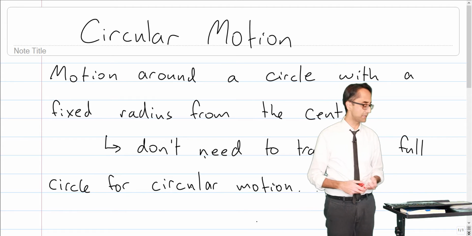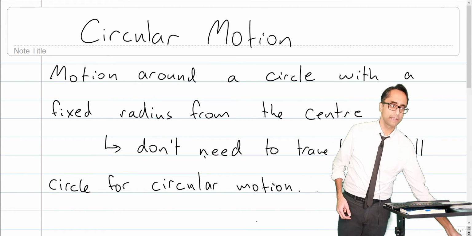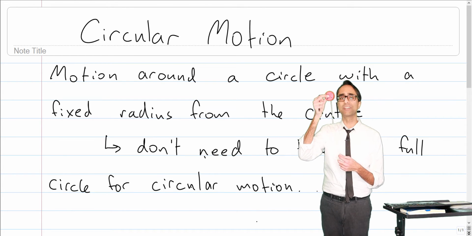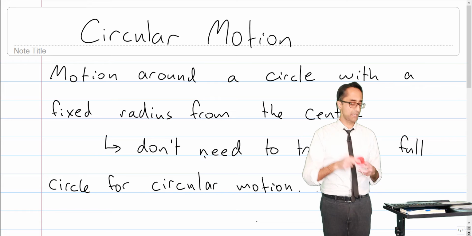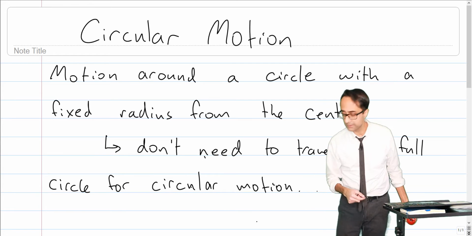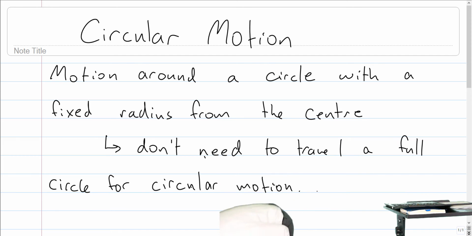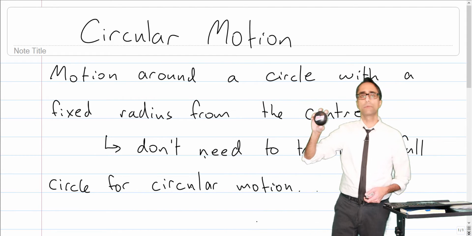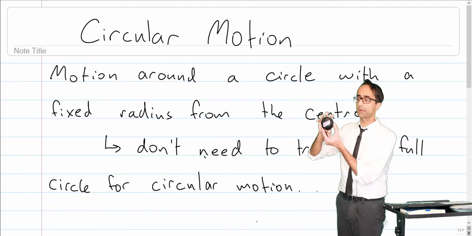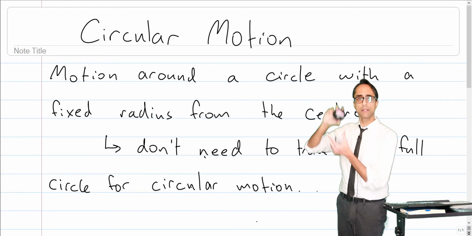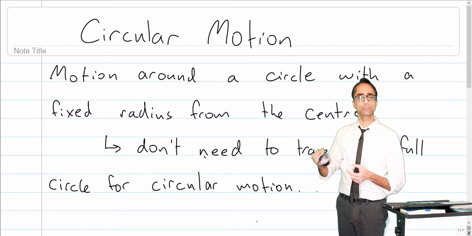One type of motion we didn't mention is, what if the center of the circle is within our object itself? Like, let's pretend for a second, let me see if I have got another object that I can demonstrate with. Let's say this object right here, this hockey puck. What if we rotate it around like this? Is this circular motion? I mean, it's not going around like this in a traditional sense.